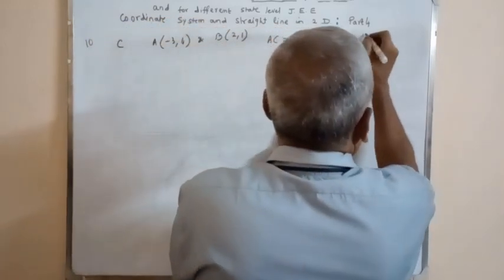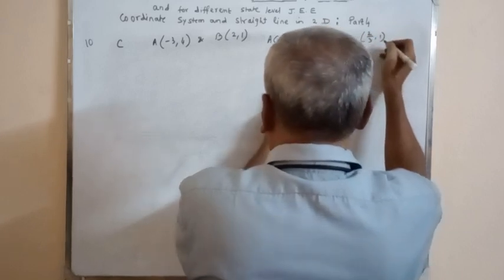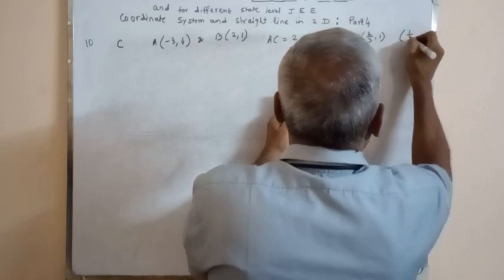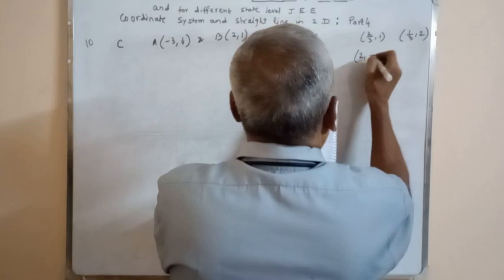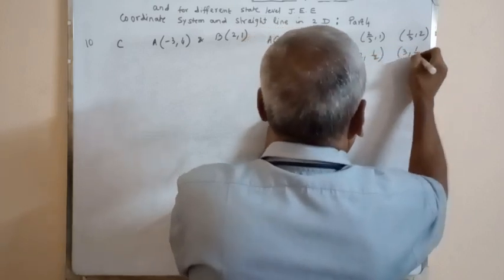options 2 by 3, 1, 1 by 3, 2, 2, half and 3, half.